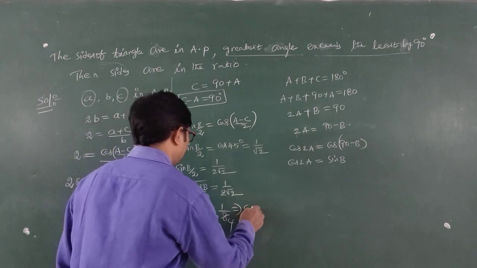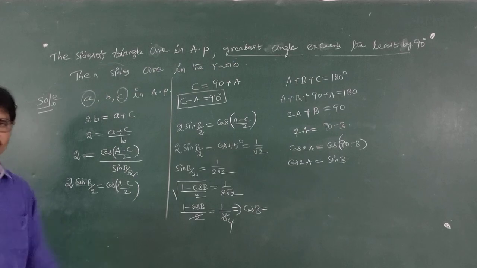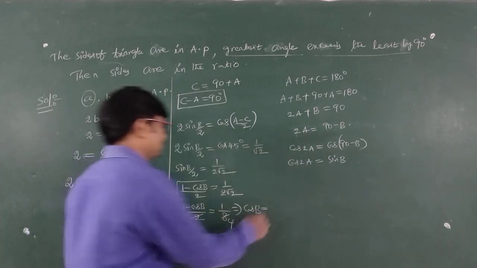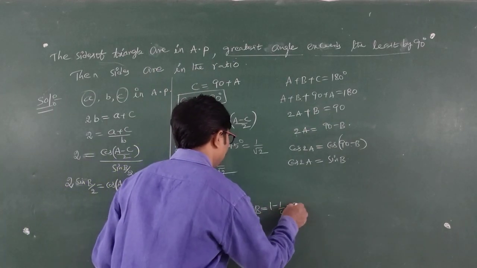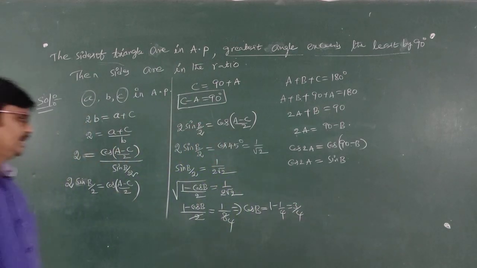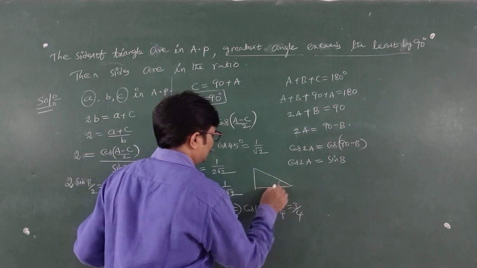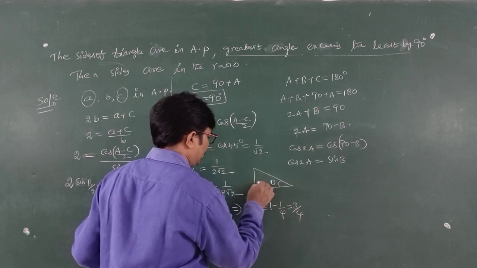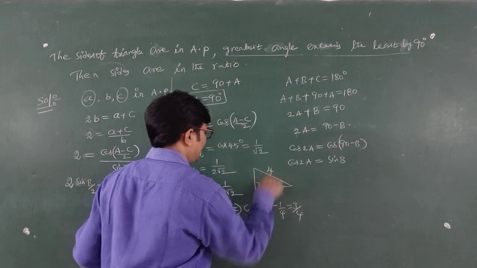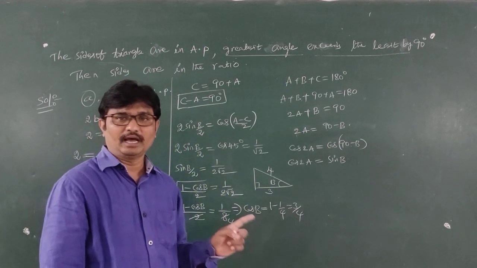So cos B equals 1 minus 1 by 4, which is 3 by 4. Dear students, what we observed here is that cos B is adjacent side by hypotenuse.